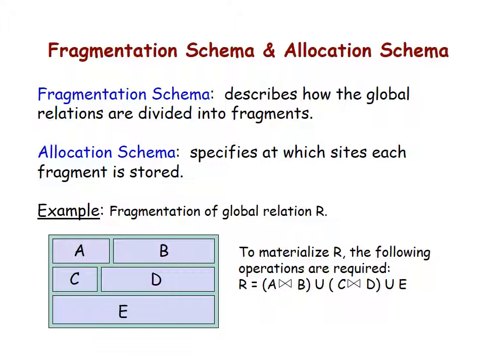The top 2 horizontal fragments are then decomposed into 2 vertical fragments each. The fragmentation must make sure that the original relation R can be reconstructed by the relational union and join operations. We will discuss this in more detail later.